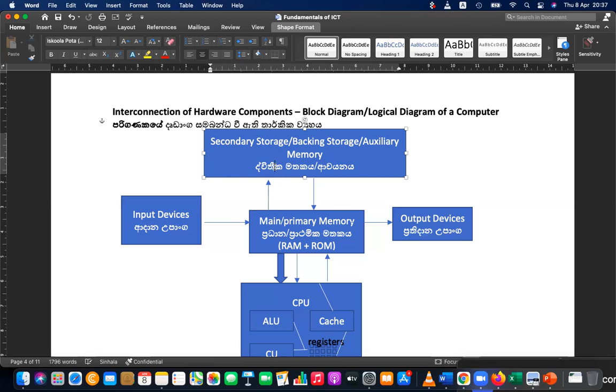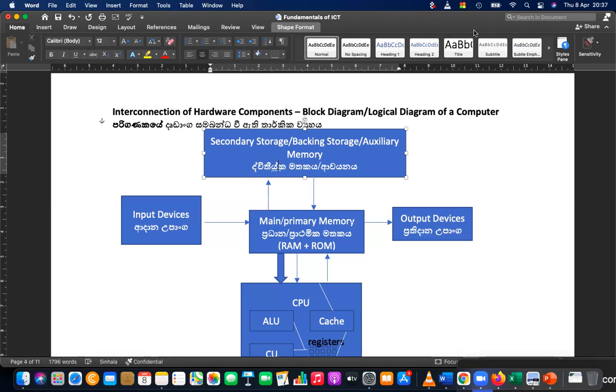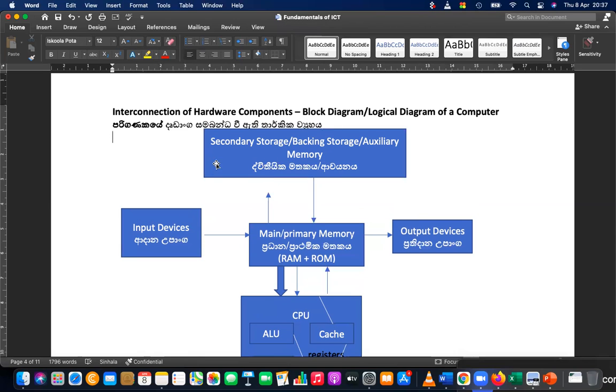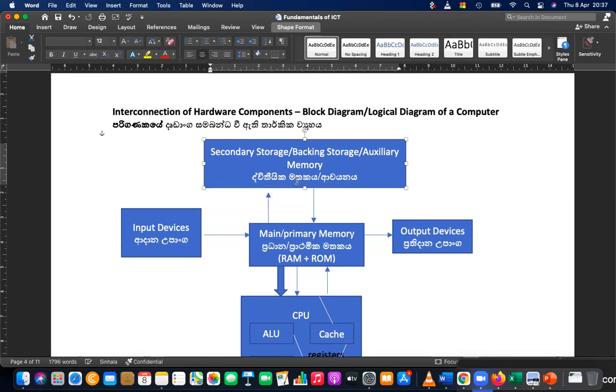So I cannot edit. Oh, right. So you can just skip that. That doesn't matter, because anyway that is a translated word. So you can write it, but the word has that.